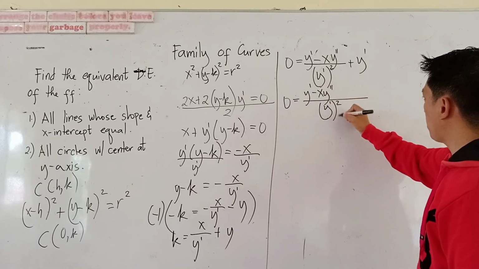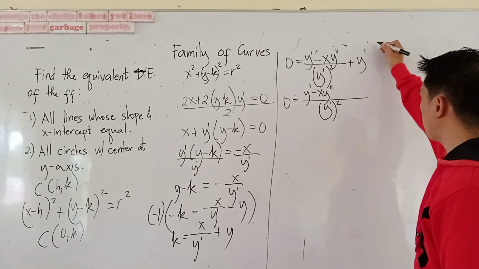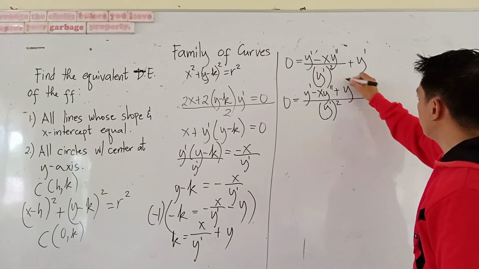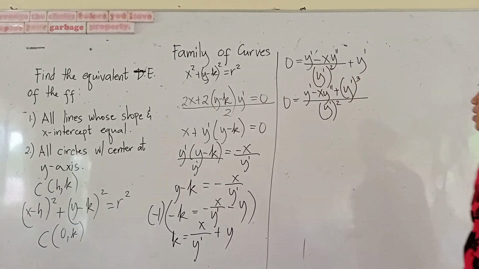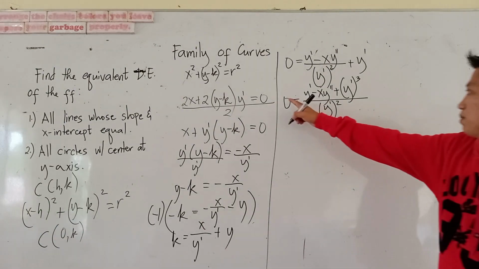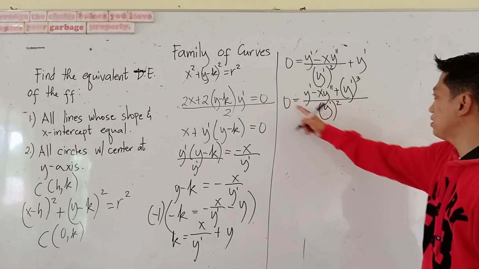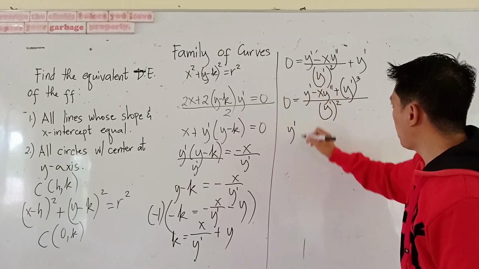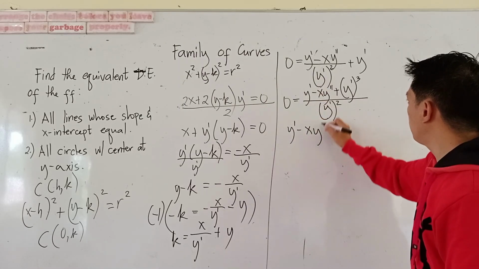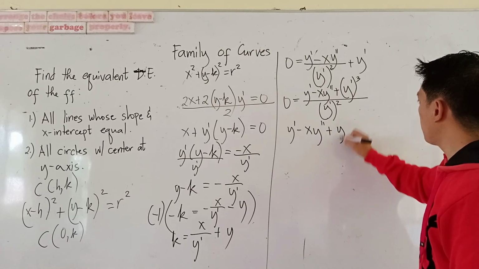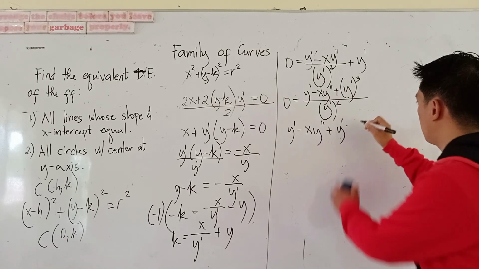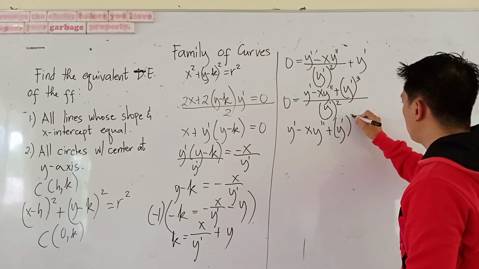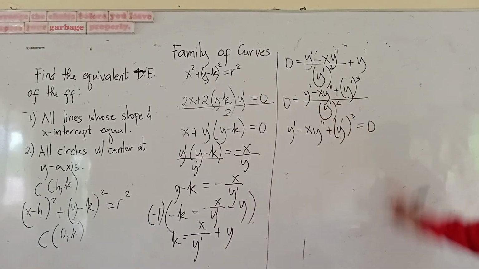So 1 divided by y prime squared is y prime squared times y prime, that is y prime cubed. Okay. Next, we can cross multiply. Y prime squared times 0 is 0. So dito ko nilagay yung y prime minus x y double prime plus y prime cubed equals 0. Nilipat ko na yung 0 mga boss.